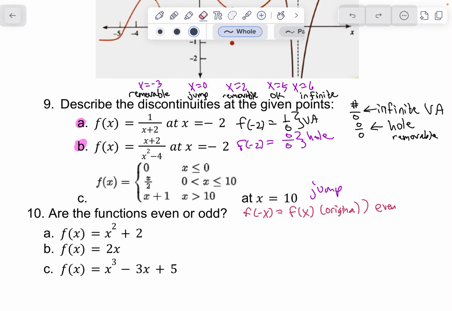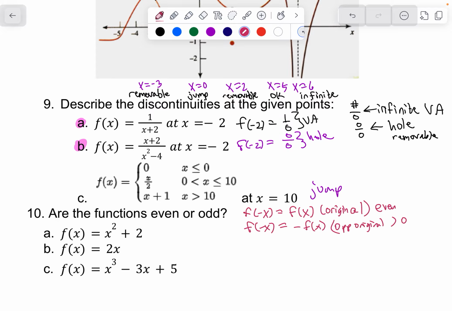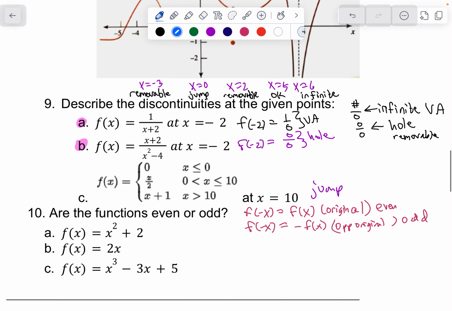It looks so weird. I'm going to fix it. Anyway, that's the original. If you stick in -x and you get the opposite of the original, it's odd. It has origin symmetry. I'll give you a bonus if you tell me the symmetry. This one would be y-axis, and this one is origin.